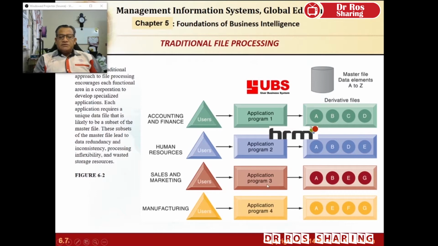Application program number 3 for sales also their own program, and manufacturing, production scheduling, they have their own application program. So basically, all of these software are keeping their own information system and their own database. So all of these information are very much separated from each other in the traditional file data processing, in which each department keep their own information. Okay, so it is not integrated and it is not dynamically linked.